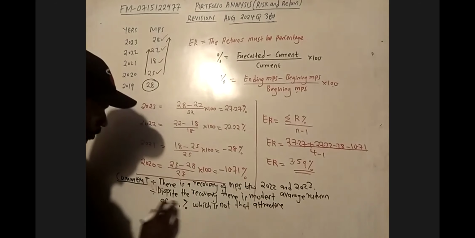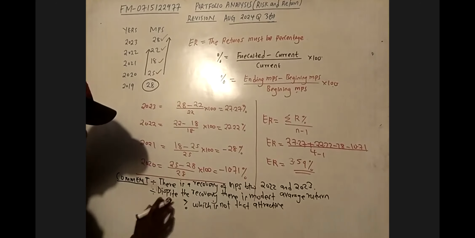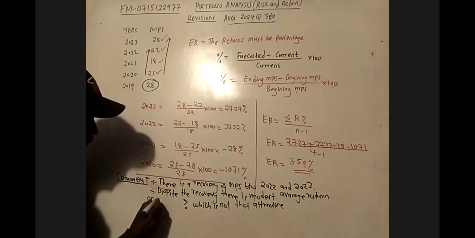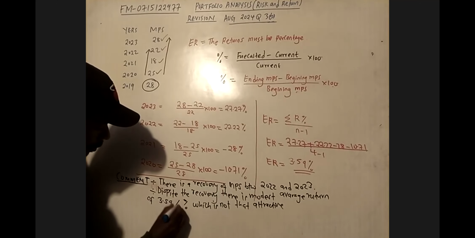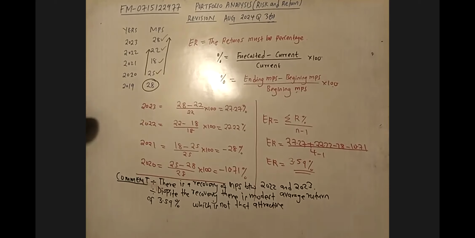No, not 2.7. It's supposed to be 3.59%, which is not that attractive.